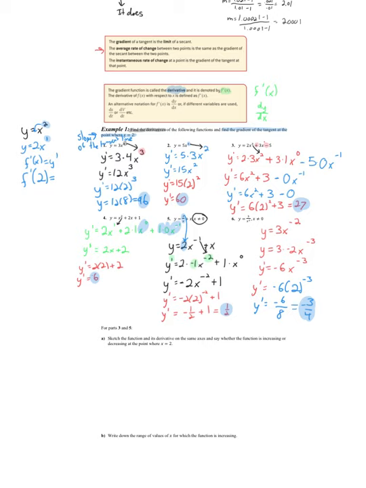Now, for parts 3 and 5, so basically problems 3 and 5, I want you to sketch the function and its derivative on the same axes and say whether the function is increasing or decreasing at the point where x equals 2. And the biggest hint I can give you is when it's increasing or decreasing at that value, we can just look at the slope, right? What happens if it's increasing?